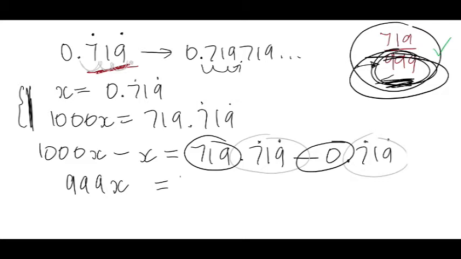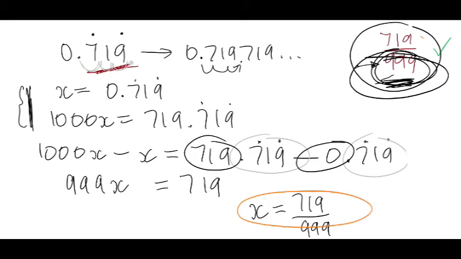So on the right hand side now we simply have 719, and by manipulating that we end up with, of course, x equals 719 over 999. Hey, we're not surprised, are we? We're not surprised we got that because we added up there. But we know that helps us really to be confident that our answer at the bottom is correct.